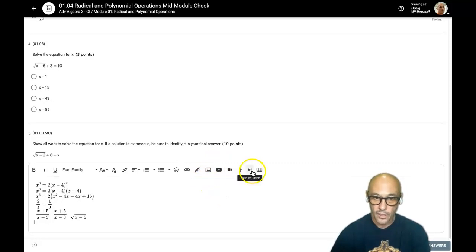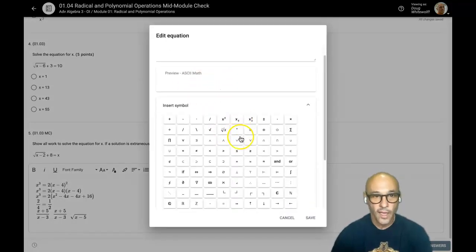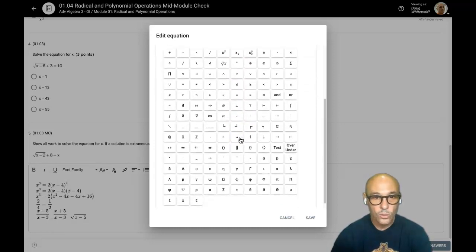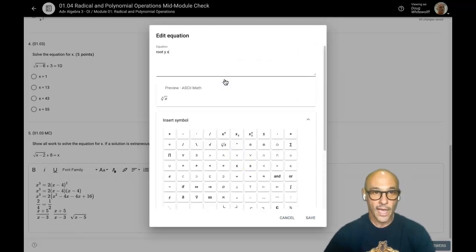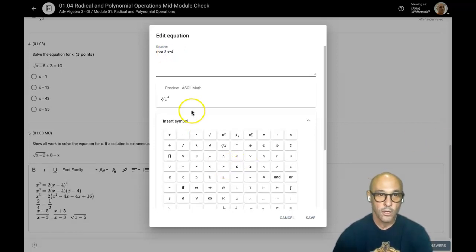Another thing is if you need a different root. Oh, there it is right there. So it gives you the y and the x, and you can change those. So let's say we're doing the third root of x to the 4th power.